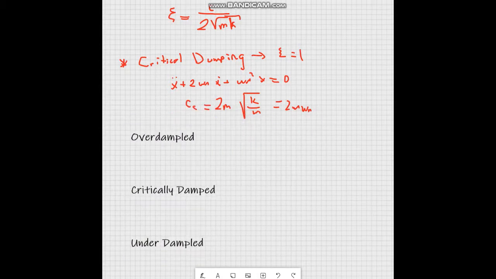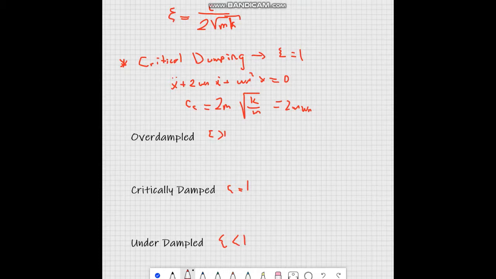Let's plug in and write it down. If overdamped, psi is bigger than 1. Critically damped, psi is 1. Underdamped, psi is smaller than 1.